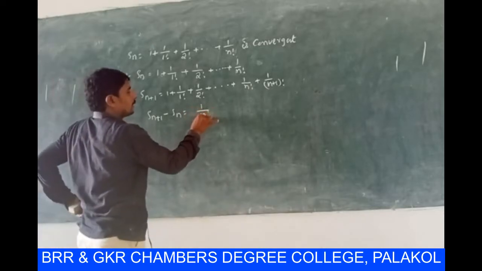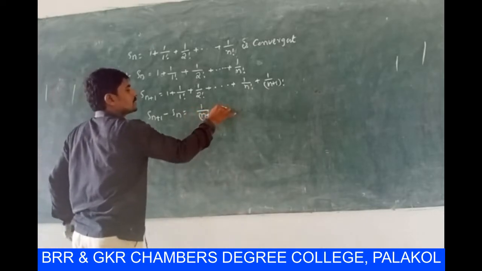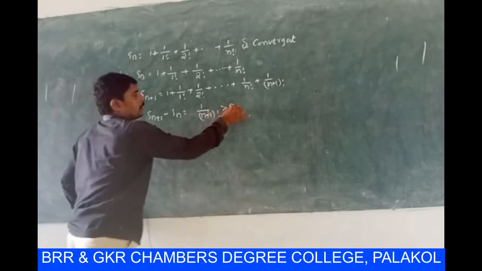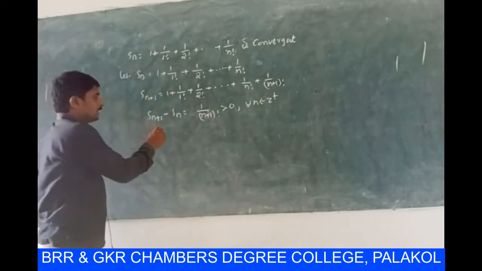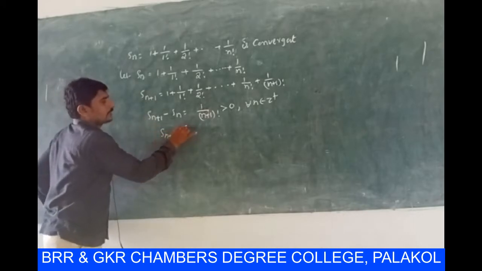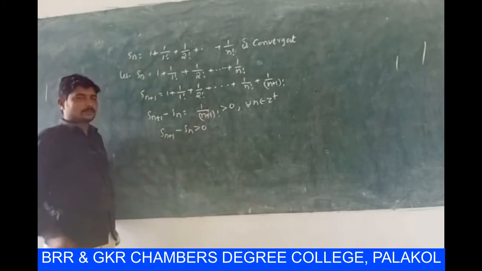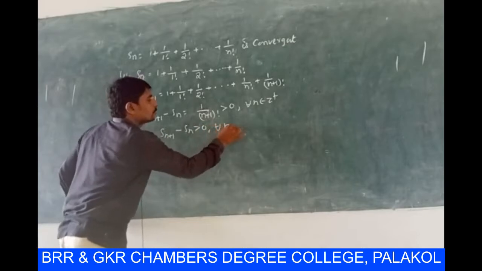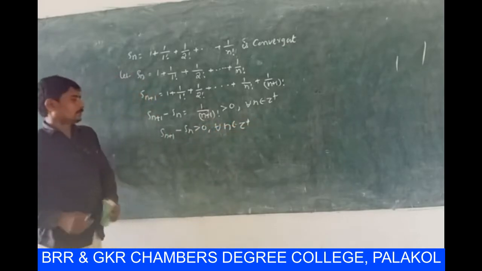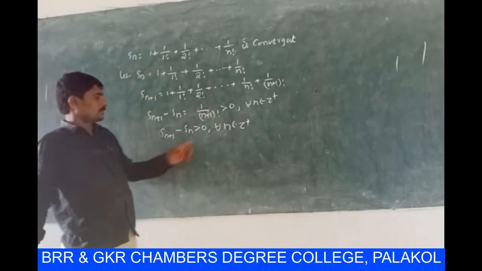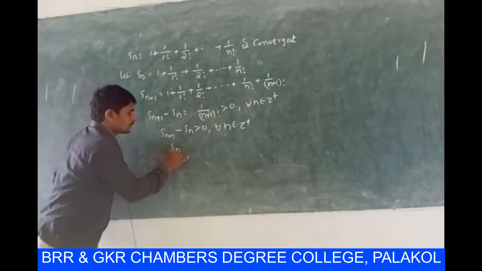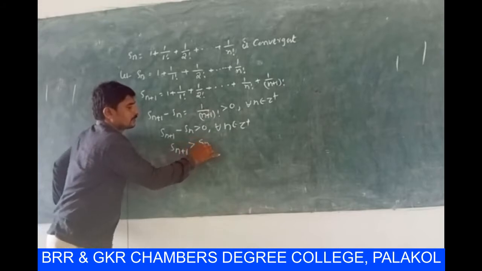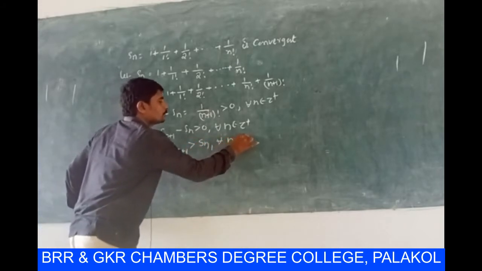The remaining is 1 by n plus 1 factorial, which is greater than 0 for all n belongs to Z plus. That is, Sn plus 1 minus Sn is greater than 0 for all n belongs to Z plus, which means Sn plus 1 is greater than Sn for all n belongs to Z plus.